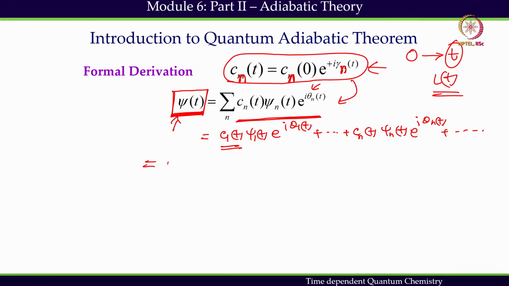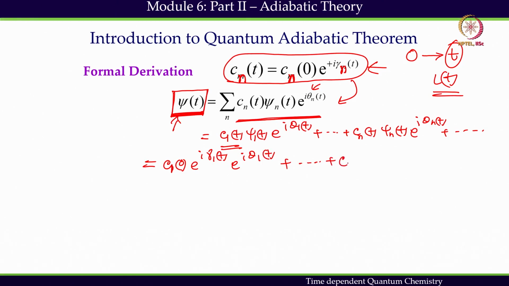So I can write C1 0 e to the power I gamma 1 t e to the power I theta 1 t. That's the first term. Then all terms will be added.